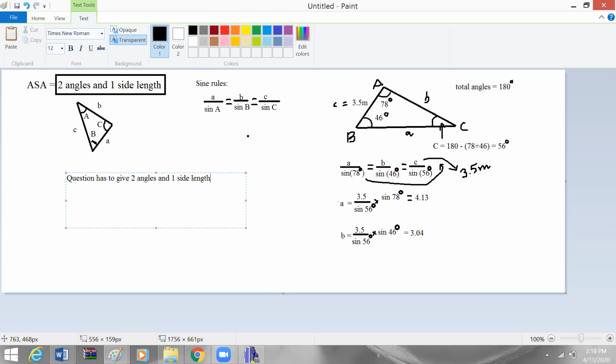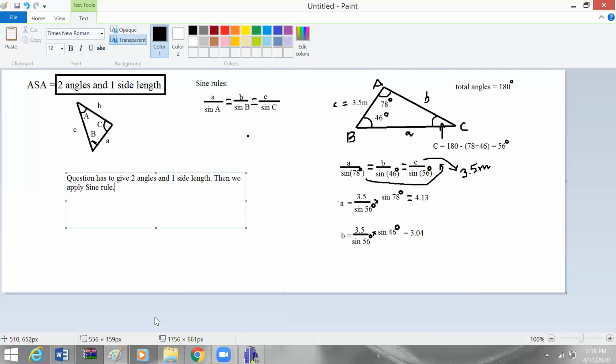Whenever we have something like that, we apply the sine rule. It's basically one single rule for that part. Of course, you're not going to prove it unless you really want to.